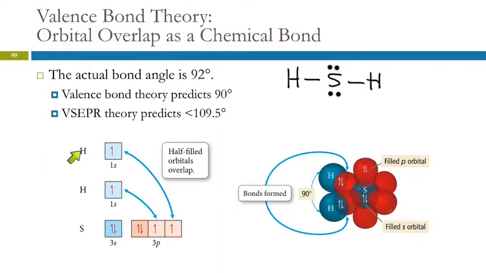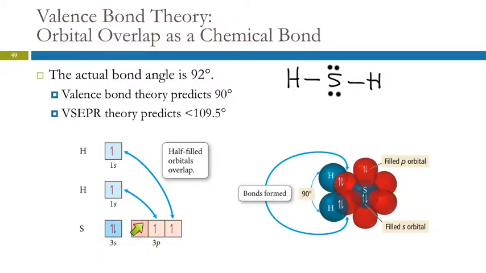So here we have a hydrogen, and we're just looking at valence electrons here. The orbital diagram for hydrogen would look like this. We have one electron in the 1s orbital. The other hydrogen also has one electron in the 1s orbital. The sulfur has a 3s orbital that's full and a 3p orbital.